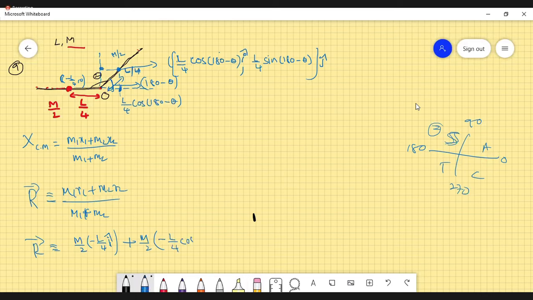Then for the j component, plus L by 4 sin 180 minus theta. Sin 180 minus theta is sin theta, so plus sin theta.